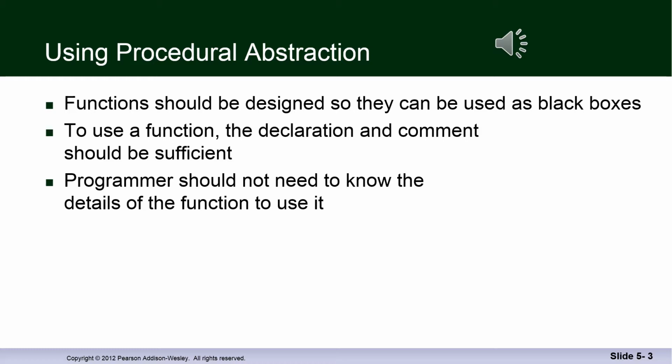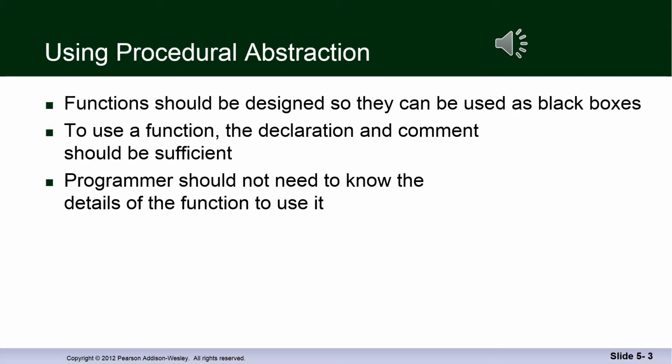Functions should be designed so they can be used as a black box. And when I look at a function declaration in a program that a student has written, I should not have to look at the details of the body of the function in the function definition. I should know everything I need to know to use that function. I should know if it returns a value, what is the data type of the return.